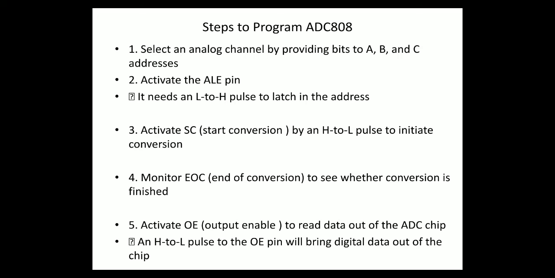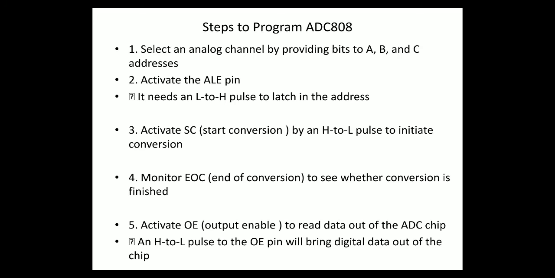Once the end of conversion pulse is generated, only then should I read the data, and to read the data I need to activate OE. OE stands for output enable. To do this job I need to send a high to low pulse. So, ALE low to high, start of conversion high to low, and you should only monitor EOC.